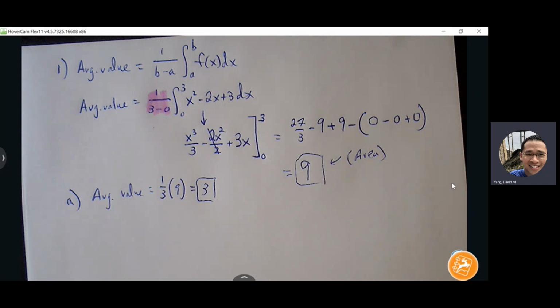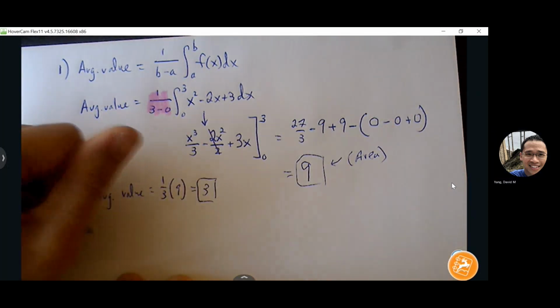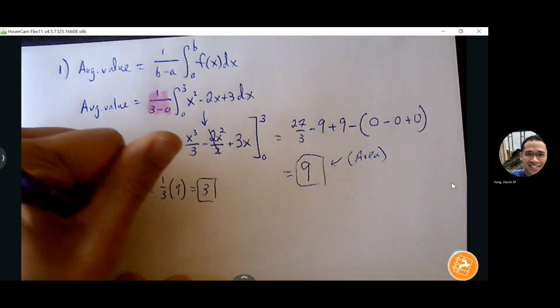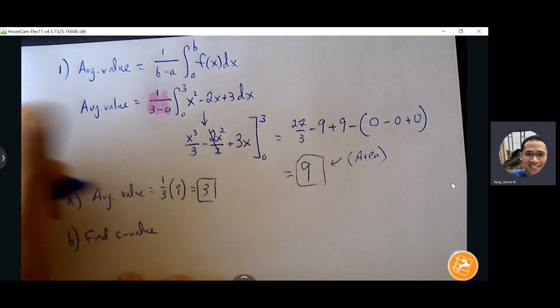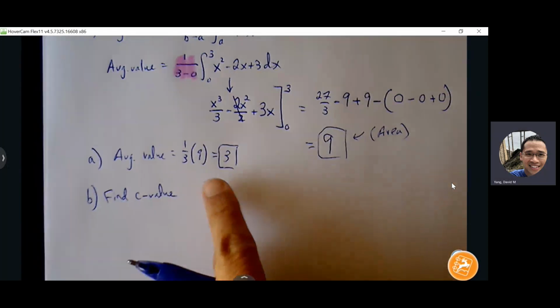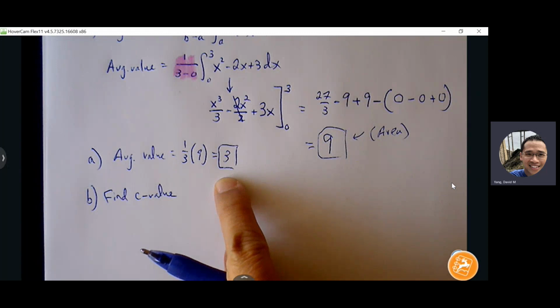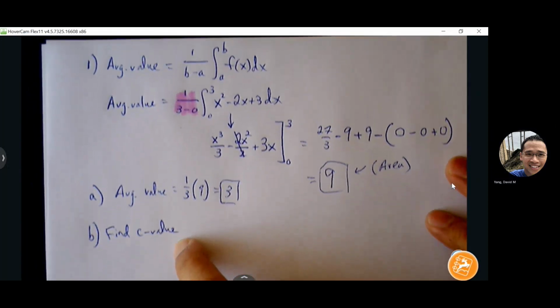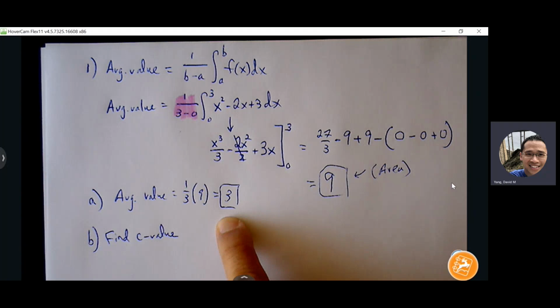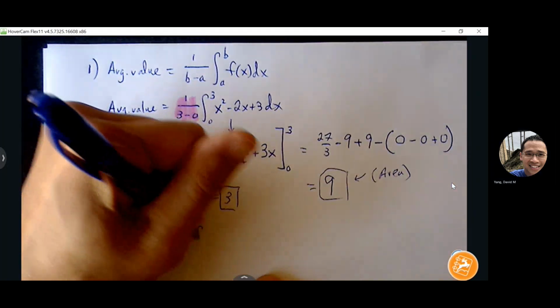Part B says, find the value of c. Another way of thinking about the c value is as the x value. Your average value is your y, so how do we find the x? Now we involve the original function, right?